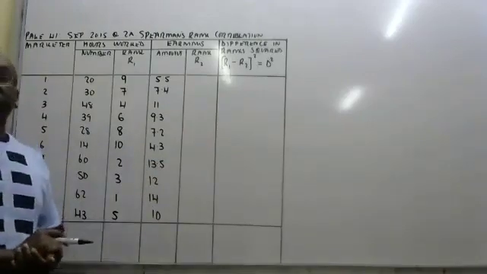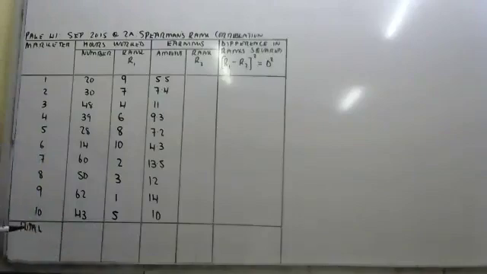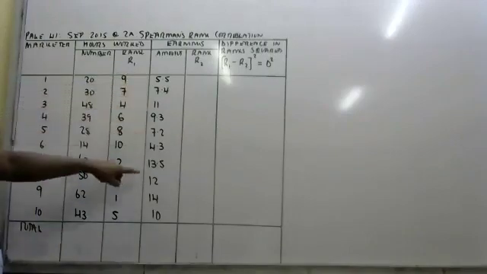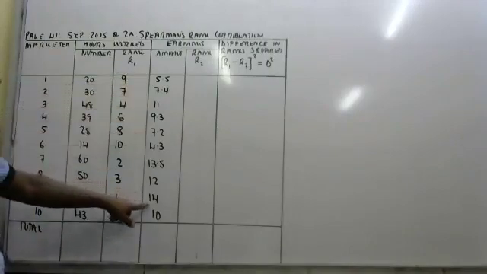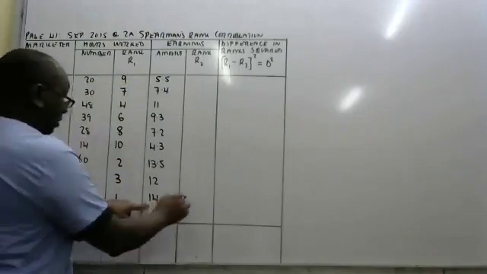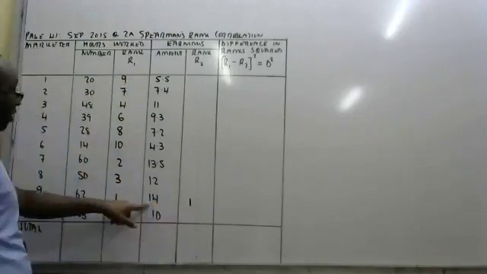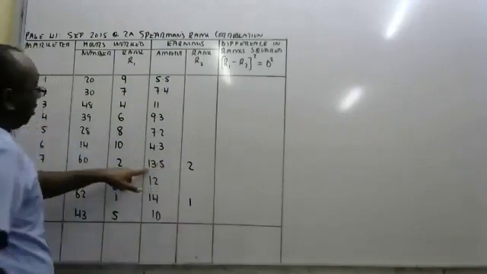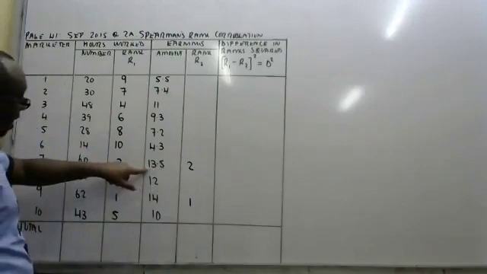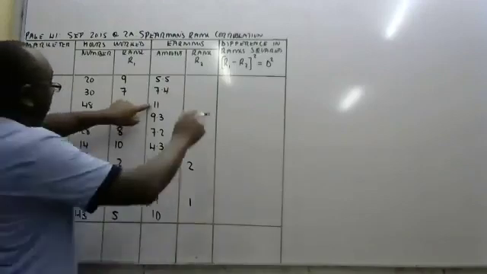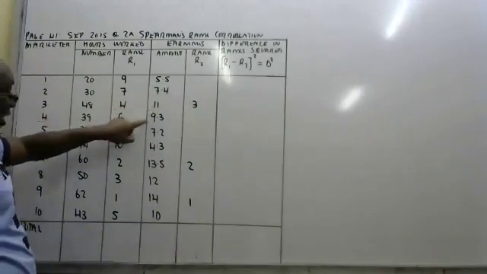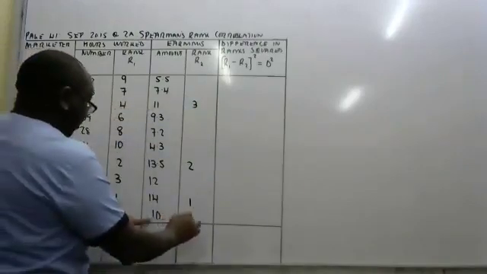So what you do is rank again. I check the highest of all these. The highest I can see is 14. So 14 becomes number 1. Followed by 13.5, that is number 2. Followed by 11, that is number 3.